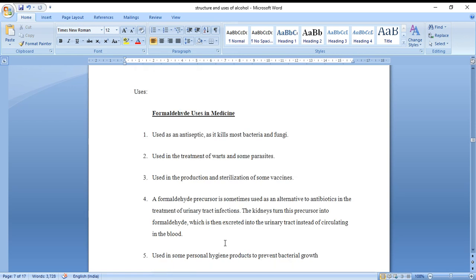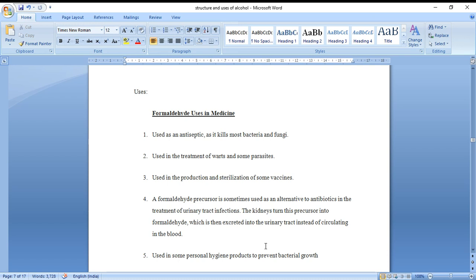Some vaccines are produced and sterilized with the help of formaldehyde. A formaldehyde precursor is used as an alternative to antibiotics in the treatment of urinary tract infections. When we take that formaldehyde precursor, the kidney turns it into formaldehyde. As we cannot take formaldehyde directly, we take the precursor, which is a step before formaldehyde.